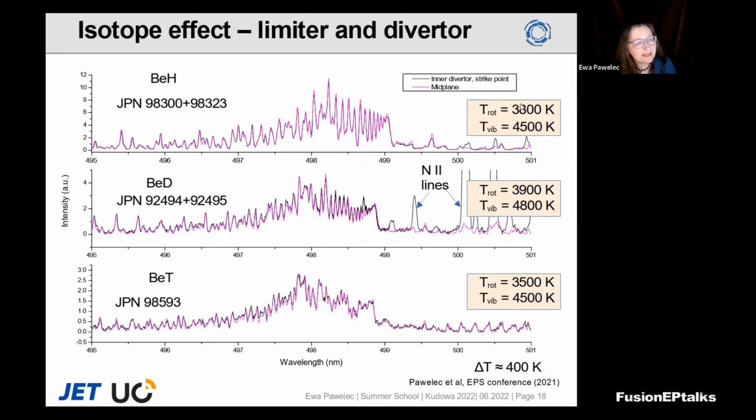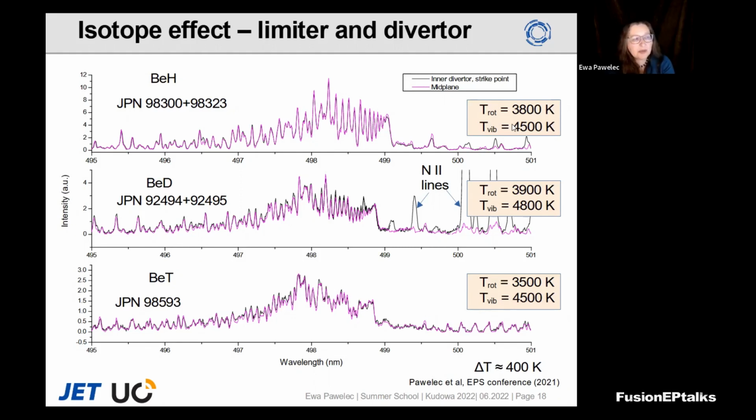And you can see that the rotational and vibrational temperatures are relatively similar. Rotational around slightly below or some way below 4,000 Kelvin, and the vibrational higher than 4,000 Kelvin.